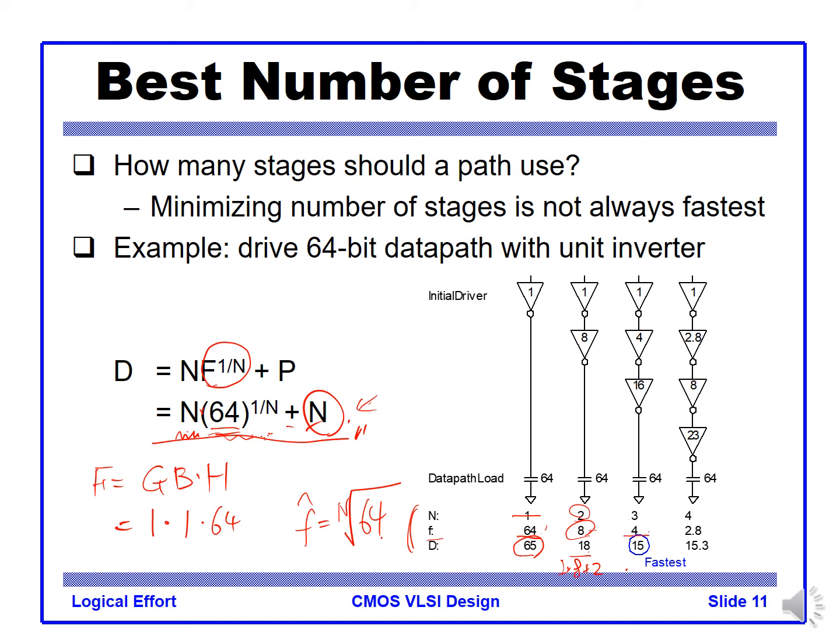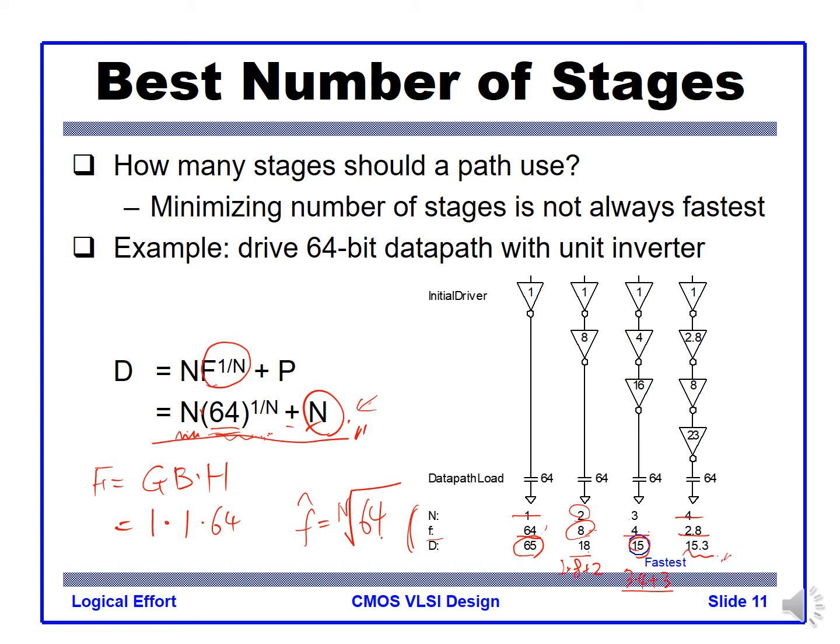For the 3 stages case, now we have f would be 4. So 3 times 4 plus 3 would be the delay, 15 path delay. If n equals 4, then we get the optimum effort delay is 2.8. So for 4 stages, finally we get 15.3 as the path delay.